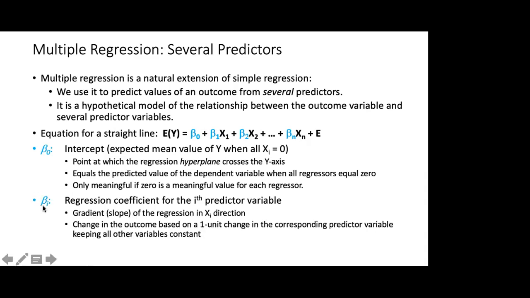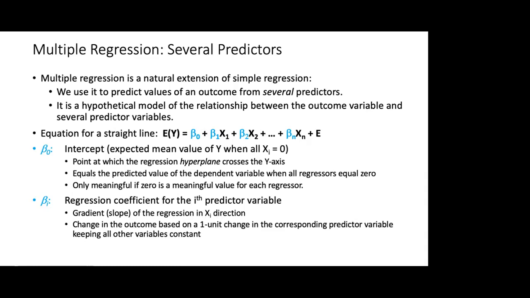And then the beta i, this is just our regression coefficient for our ith predictor variable, right? And it's the gradient or the slope of the regression in that particular direction. Yeah. And so you basically interpret it in the same way as we interpreted the slope in the simple regression model, more or less.